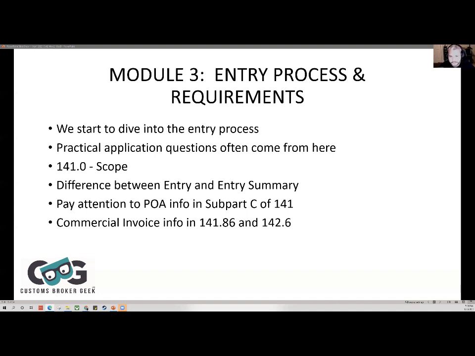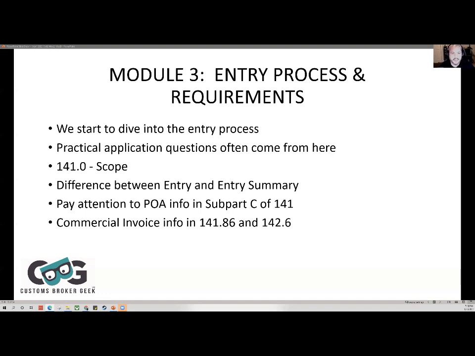Again, entry is the submission of all the documents to obtain the release of goods. The entry summary is the Customs Form 7501 and any additional documentation to calculate duty. So that's the two differences. People get confused by that sometimes.